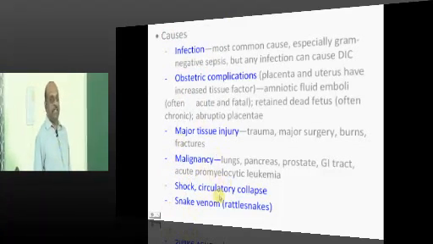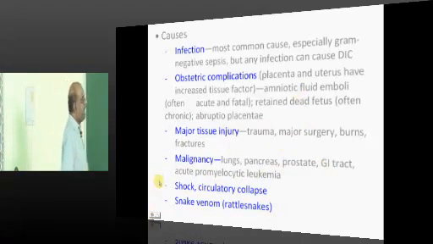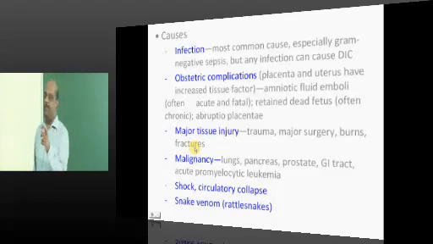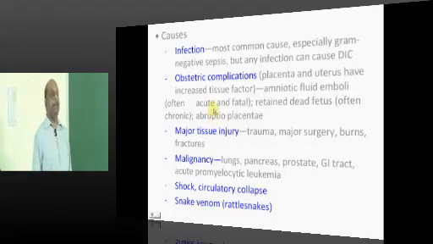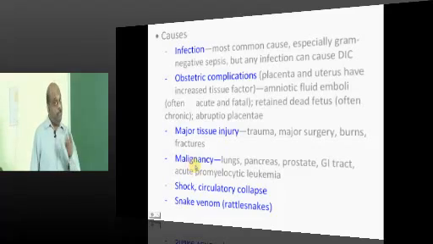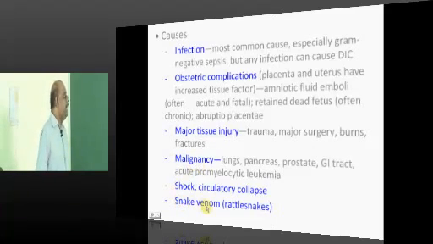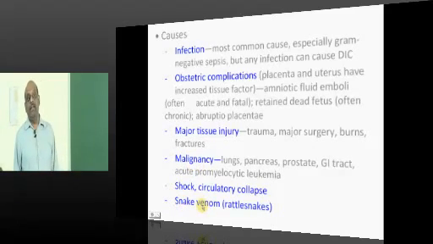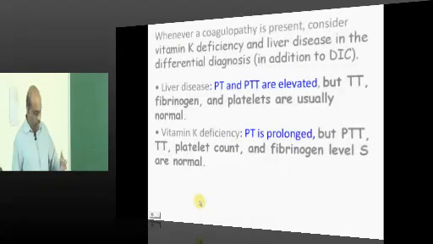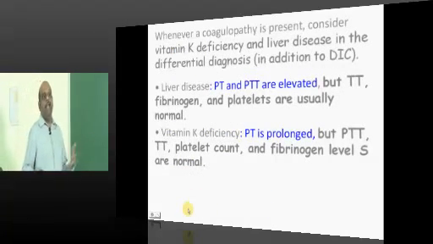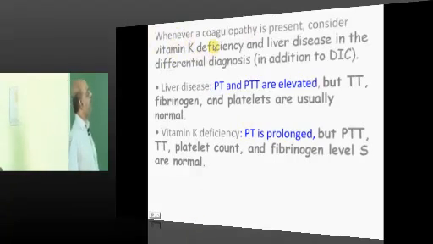Internal malignancies like lung, pancreas, prostate, GI tract, APML, especially in leukemias, the M3 variety of AML called APML, there is a consumptive coagulopathy. And snake venom, especially rattlesnakes, can lead to initiation of a coagulation cascade and lead to development of DIC.